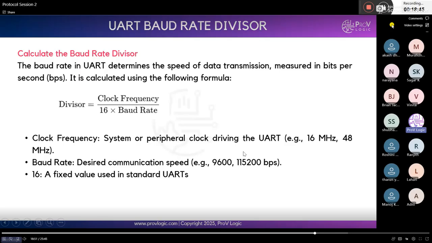The clock frequency is 16 MHz and the baud rate is 9600 or 115200. Then what is the divisor? 16 is a fixed value in standard UARTs, mostly since 8-bit data we transmit, transmitter plus receiver. That's why 16 is mostly fixed in all types of UARTs.